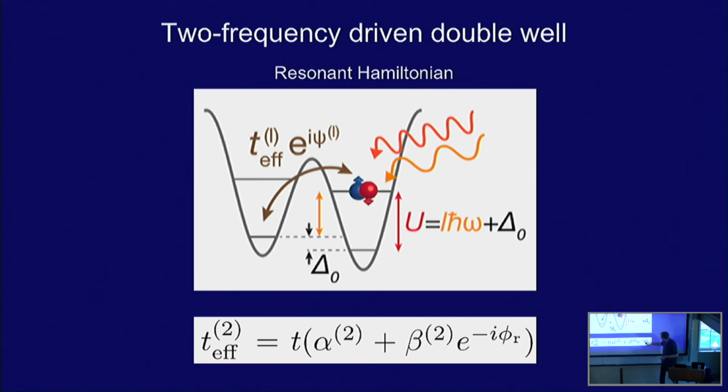And you can, of course, create all different types of phases, and you can wrap around and have a sign change. We will see that this matrix element has the structure of a Dirac point.